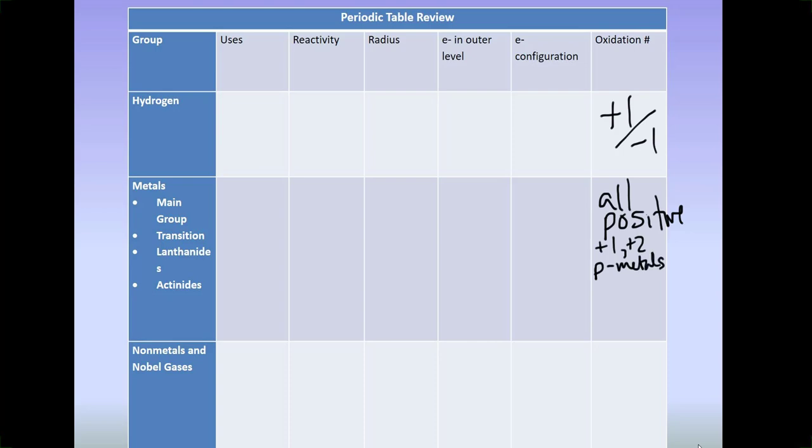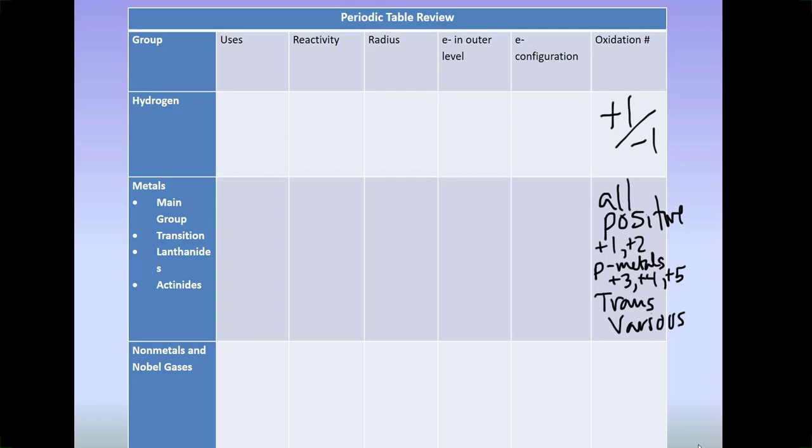You can have +3, +4, and there's even one that has a +5, which is a little crazy. And then we have our transition metals and our actinides and lanthanides. They have various oxidation numbers.